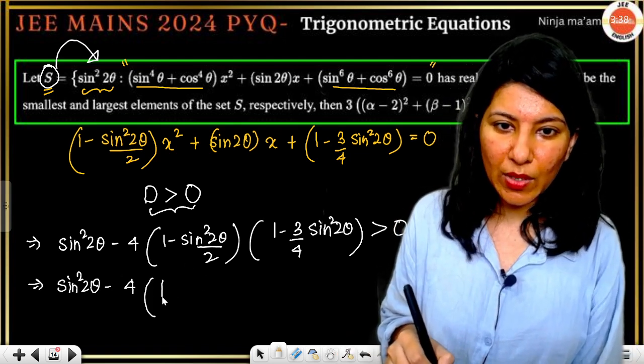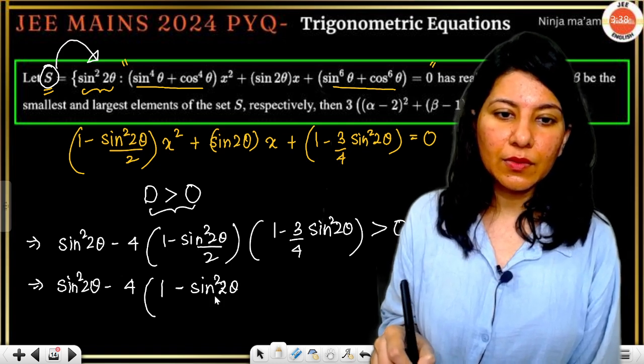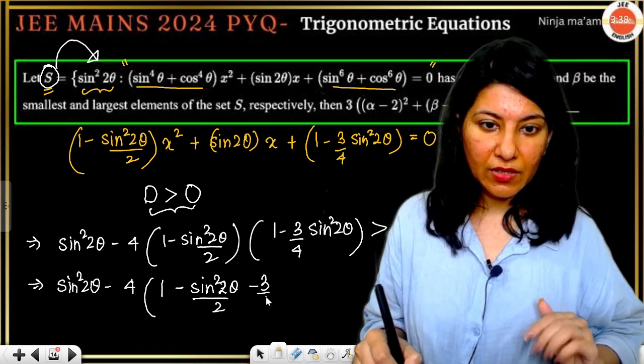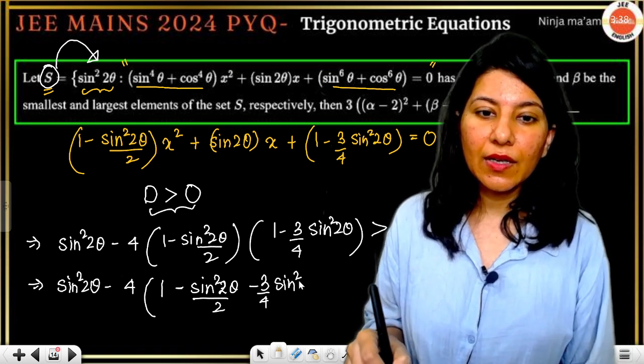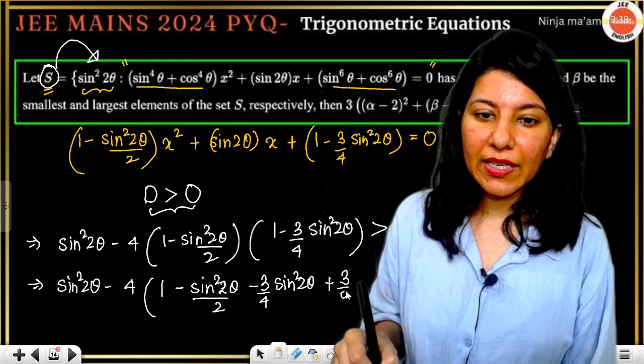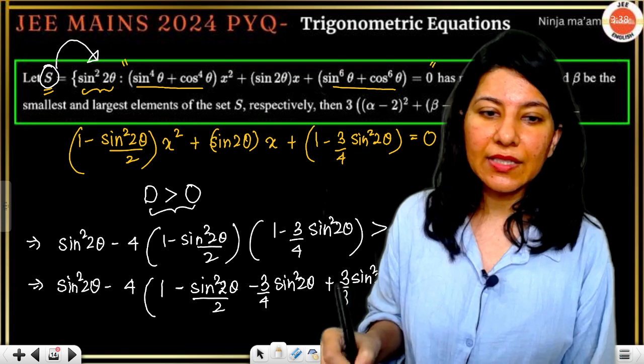So 1 multiplied by 1, 1 minus sine square 2 theta by 2, minus 3 by 4 sine square 2 theta, and then plus 3 by 8 sine raised to power 4 2 theta, greater than 0.